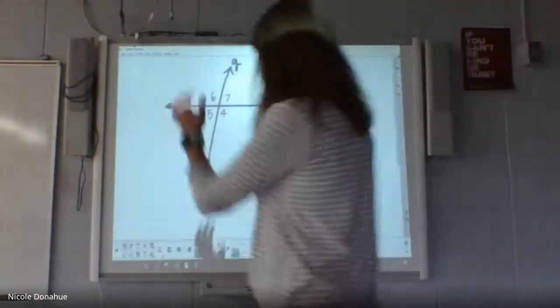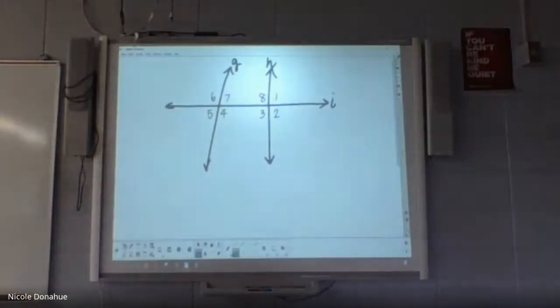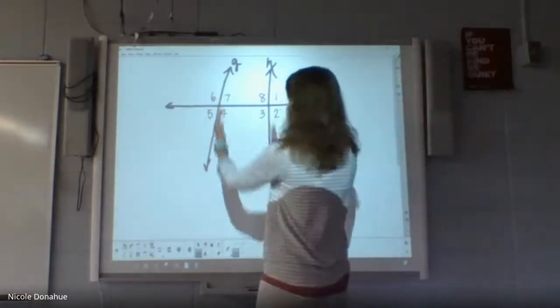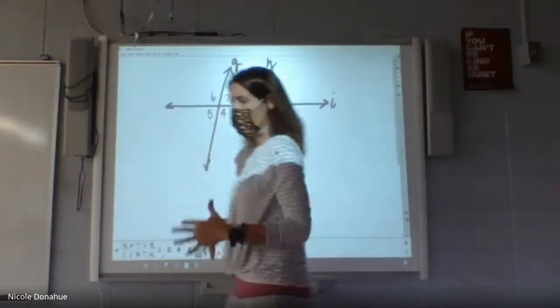So the interior angles are the ones between the two lines that aren't the transversal. These are the two lines that aren't the transversal.